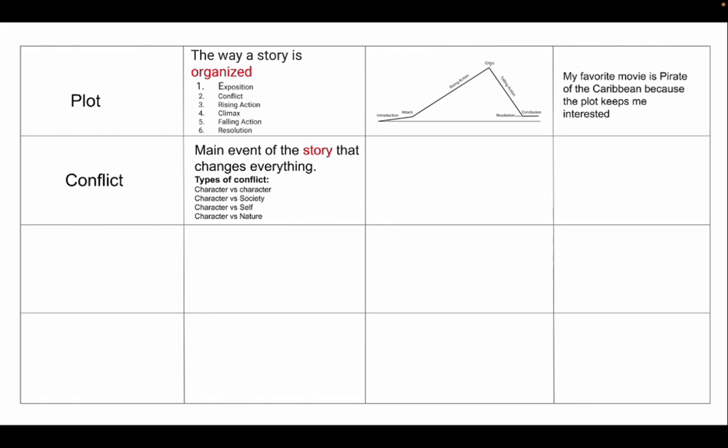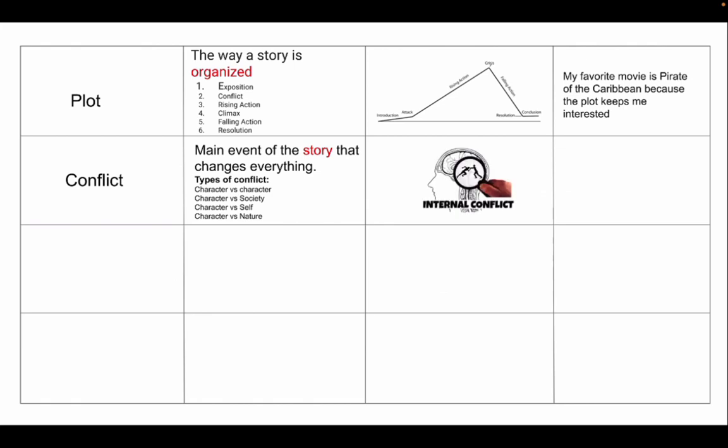This needs to change for the betterment of other people. And then there's character versus self. This is when a character realizes, hey, I need to grow and change and develop, and so they are battling internal feelings. And then character versus nature. This is when something like a tornado has happened that changed the character's life drastically.